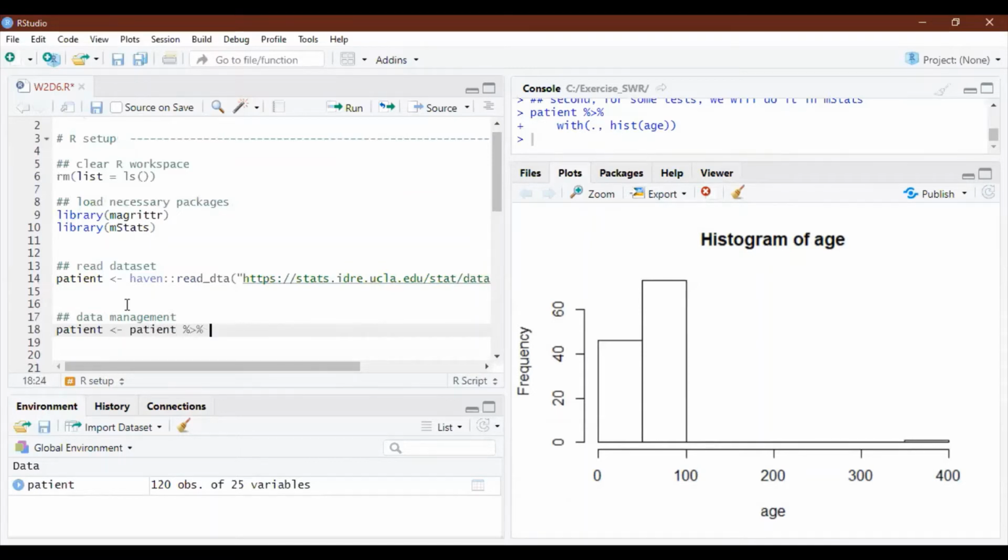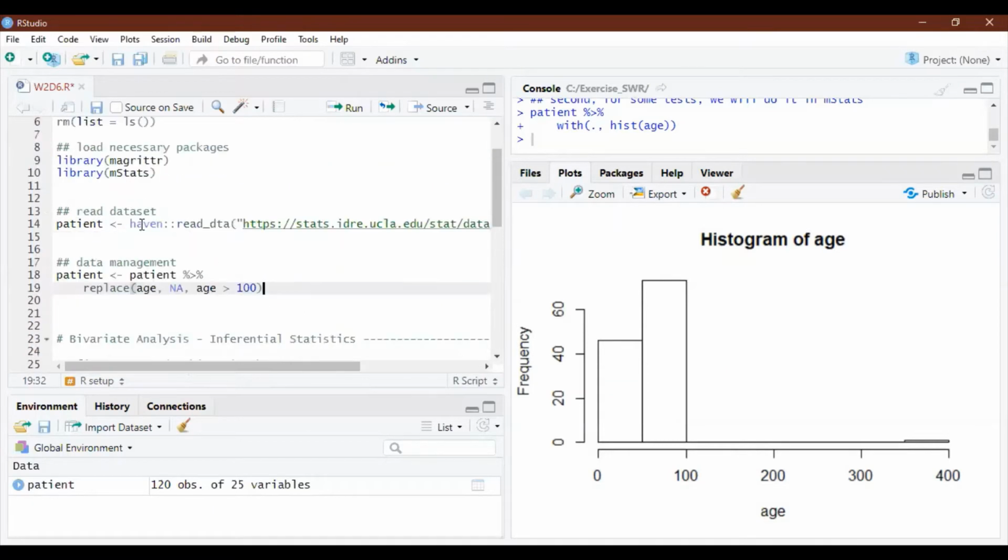If you don't understand it, then refer to the videos in week 1. We extensively talked about how to use the piping function and how to replace the value. The comments are pretty intuitive here: we will replace age with NA if age is greater than 100.